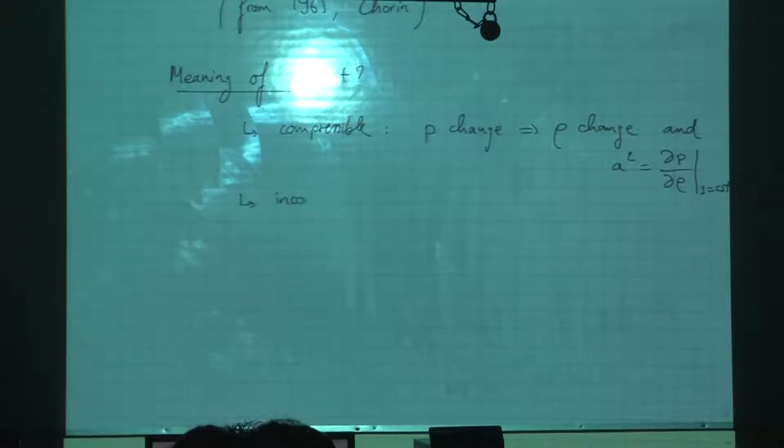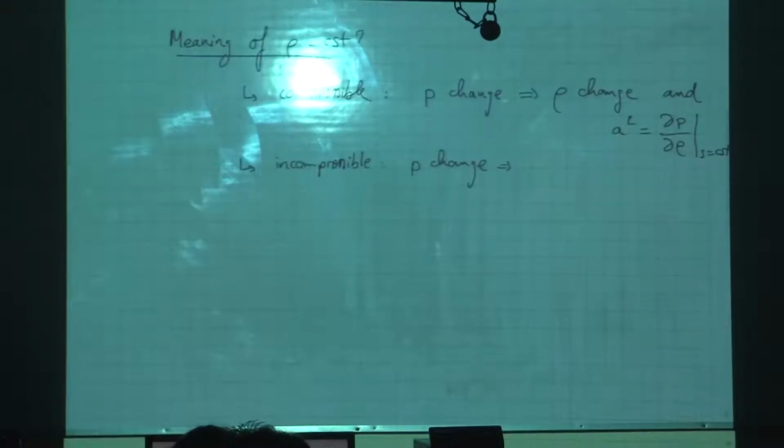But now we're assuming an incompressible flow. So if we're incompressible, the density can only change if the speed is infinity.